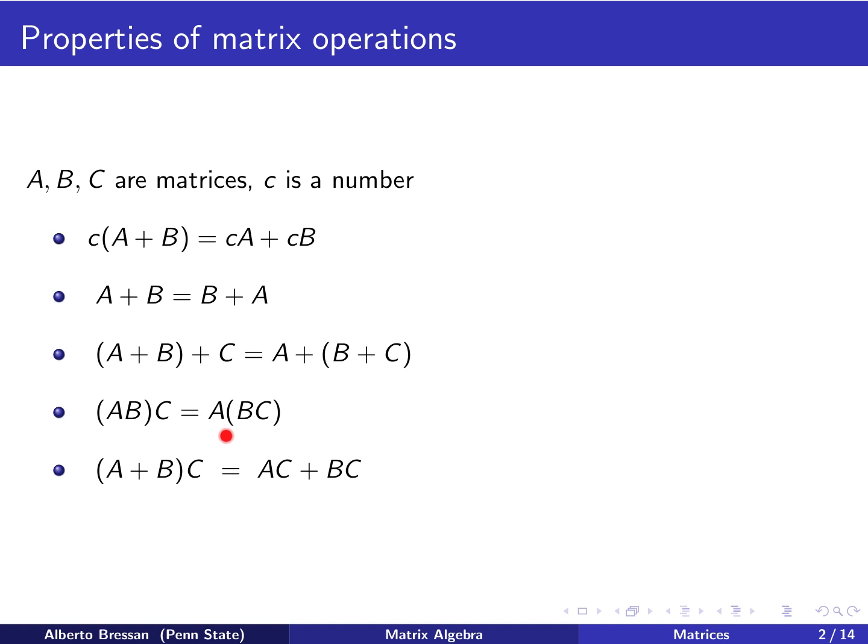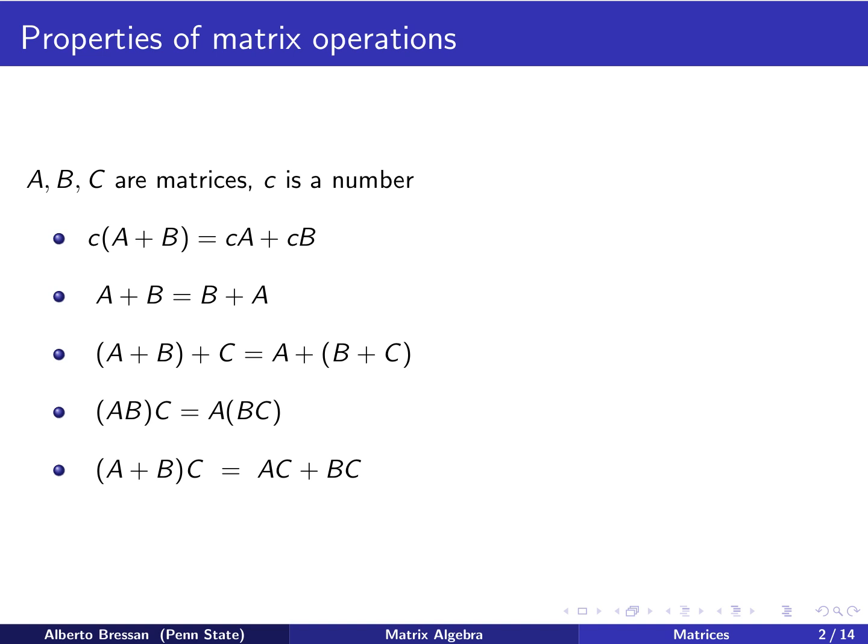This gives me the same thing. You can also prove it just by definition. It will be a bit lengthy to write out the elements of each final product, and then you can compare that they are the same.